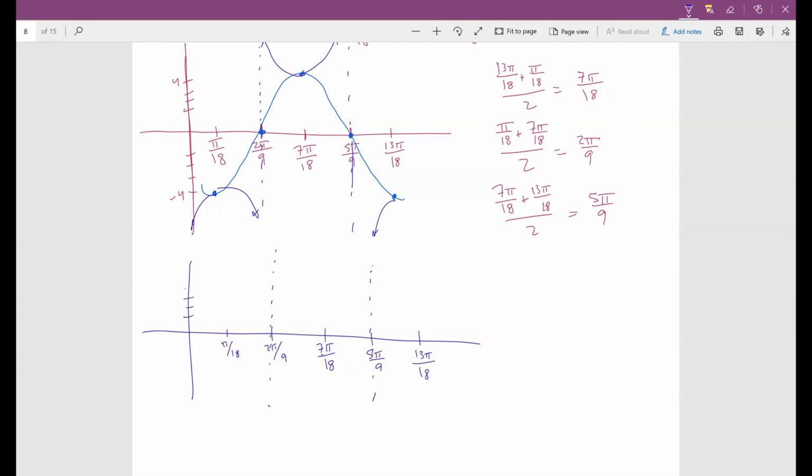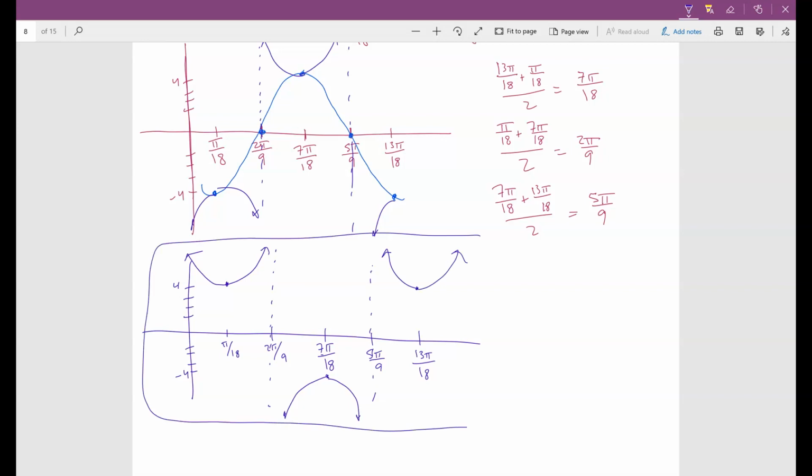This is at 4. That one's going to go, I don't know where. This guy's going to be at negative 4. Okay, and then we have this last one at 4. And off somewhere it goes. Okay, so we didn't have to shift anything. So this would be your final answer.